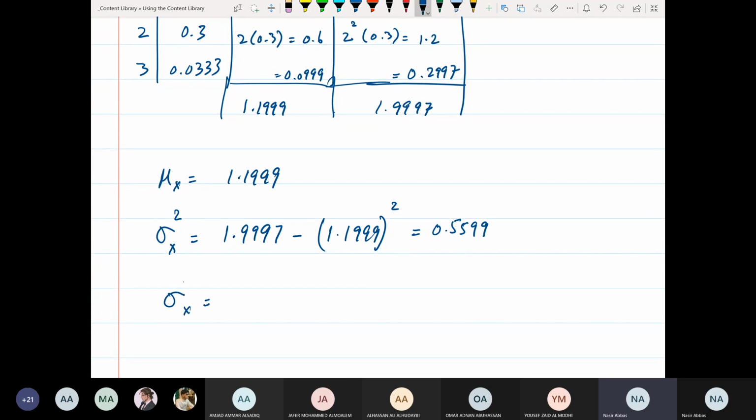Accordingly, the standard deviation will be the square root of 0.5599, which is 0.7483. So these are all the uses of probability distribution that we may ask you in the question.